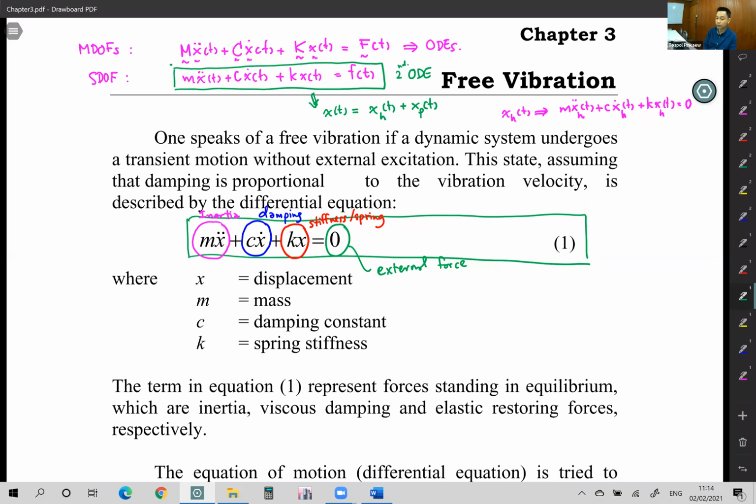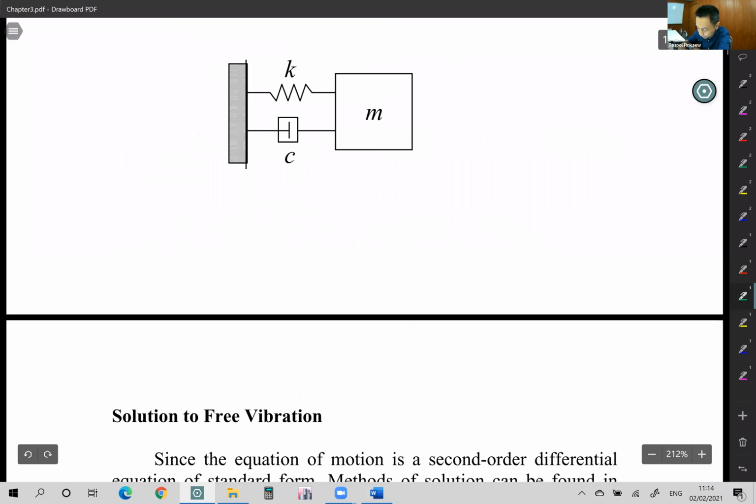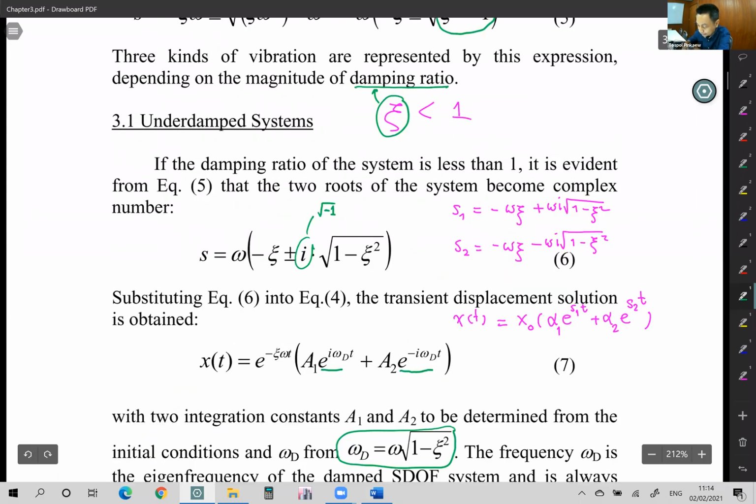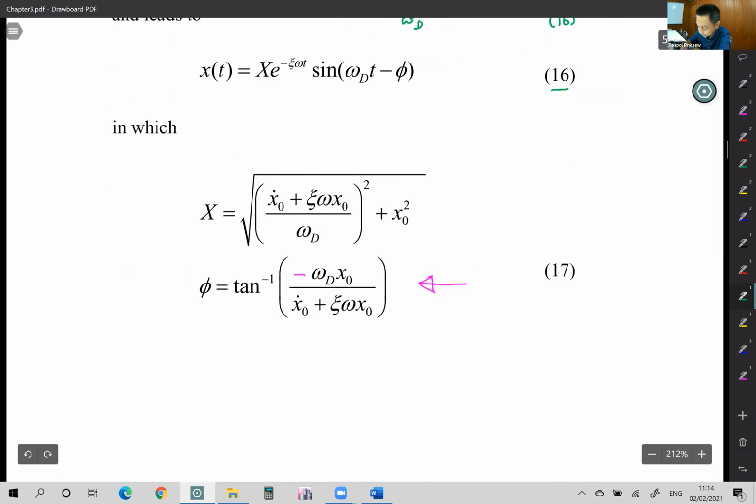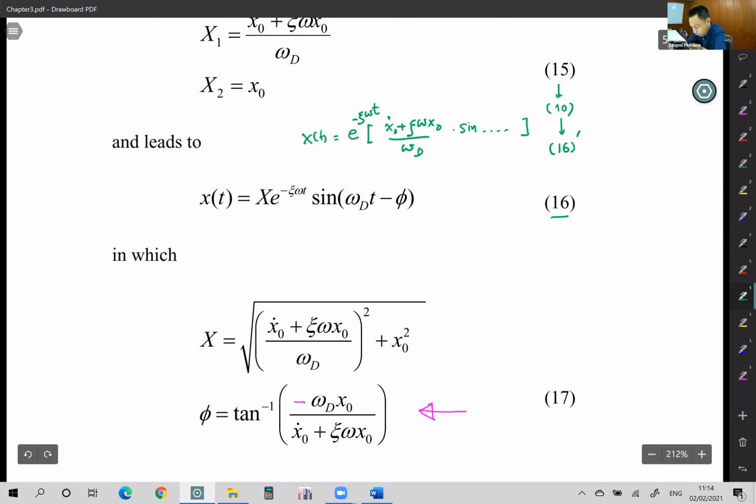And now we can mathematically prove that if we assume the damping ratio psi less than 1, the solution of equation number 1, the free vibration solution, takes the form of equation number 16, where the initial condition of your buildings is included in the big X and phi, the phase angle.